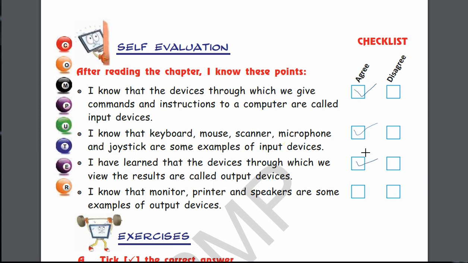Please click on agree. I know that monitor, printer and speaker are some examples of output devices. Please click on agree. So all the answers will be agree. Please tally your answers. Okay. Moving on.